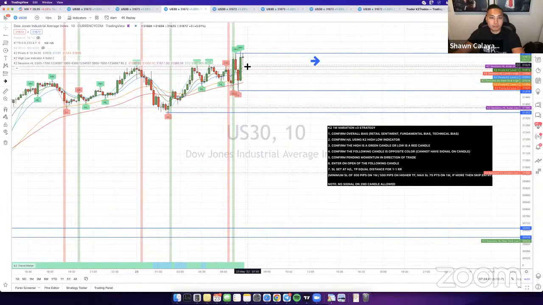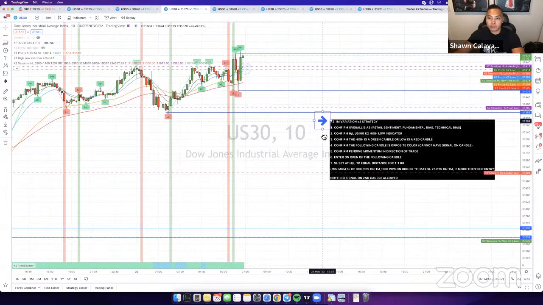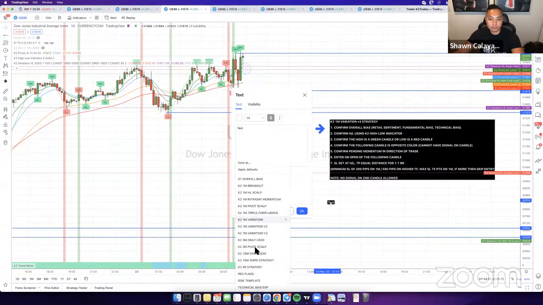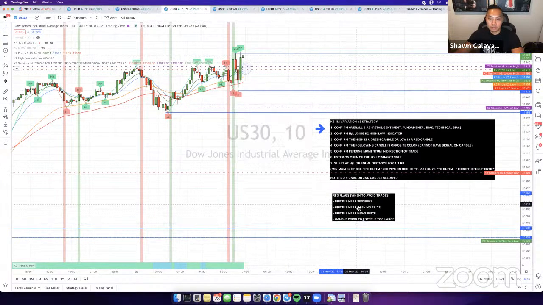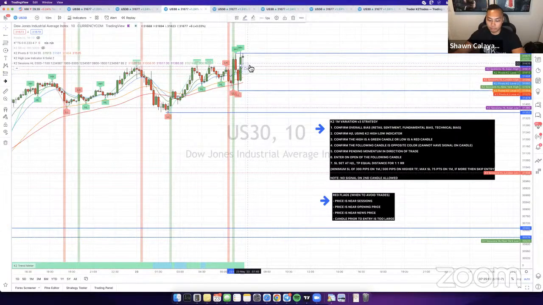If we were to take a sell at this point, it would still run into the sessions right here. So for one, this requirement is met. And for two, price is near the sessions. So even if we got a V3 there, I wouldn't take it myself for those specific reasons.